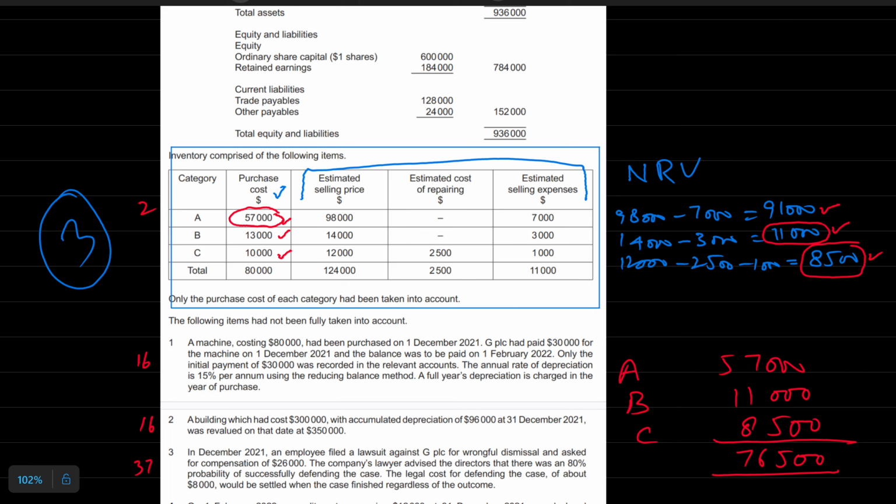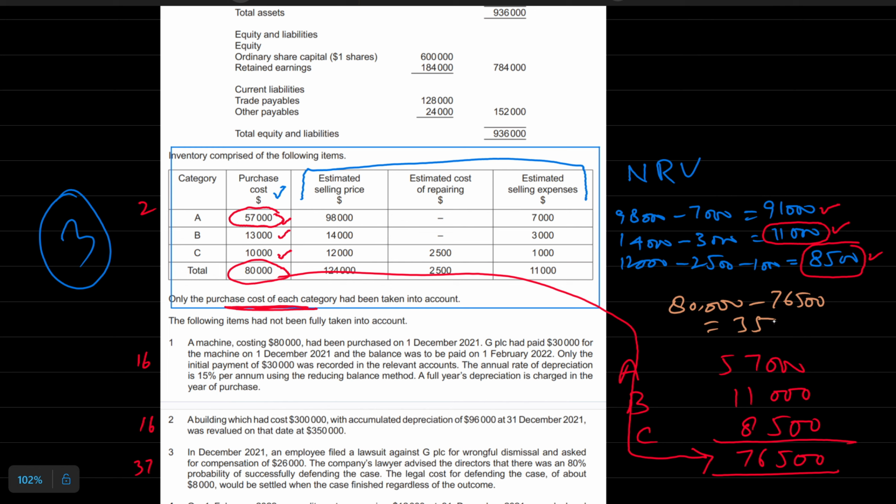76,500. Now students, inventory was recorded at cost. So the cost of all these three inventories was 80,000, while we must record it as 76,500. So that means there is a loss of 80,000 minus 76,500.